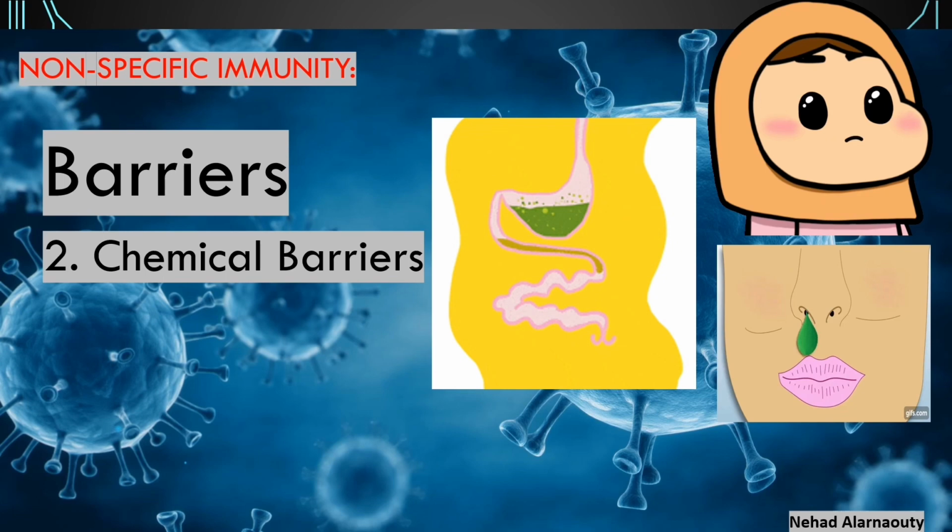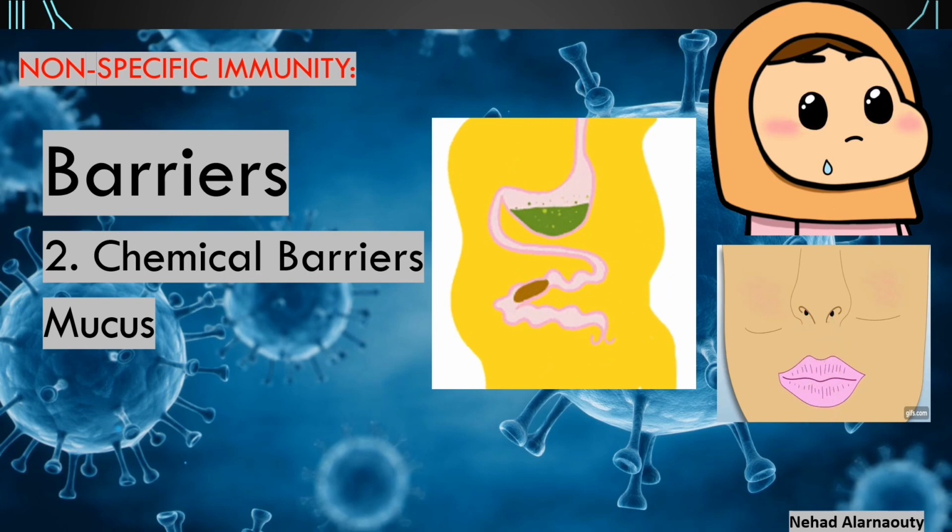Now it's the role of the chemical barriers. The chemical barriers may be mucus. Mucus is a sticky substance that blocks pathogens from sticking to the inner epithelial cells. Then HCl: if the pathogen succeeded and reached the stomach, the HCl will digest it.